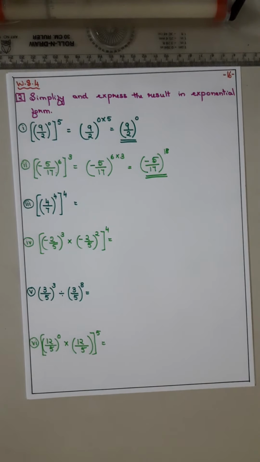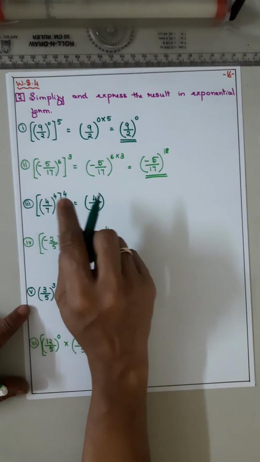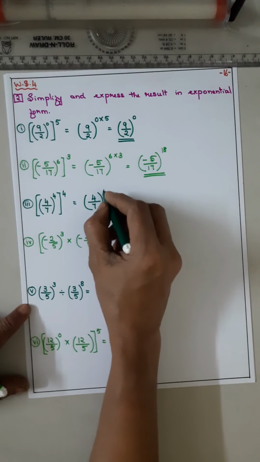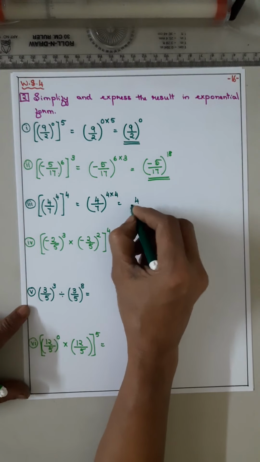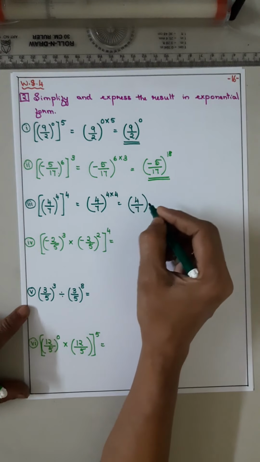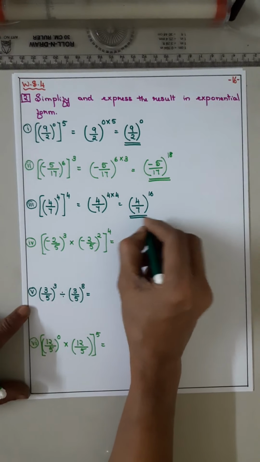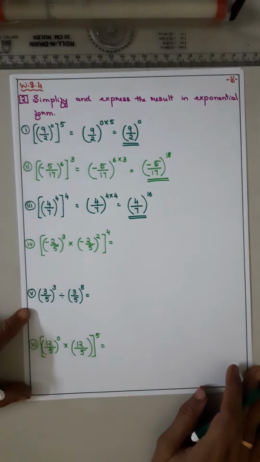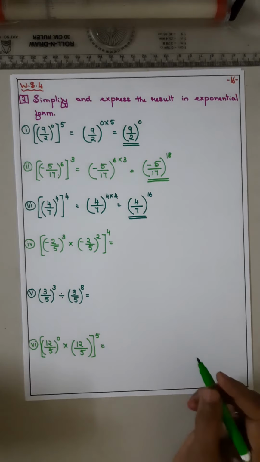Now the third subdivision, 4 by 7, the whole raised to 4, again raised to 4, means 4 4s. 4 by 7, the whole raised to 4 4s are 16. Hope everyone is understanding. When the bracket is there on the powers, then we have to multiply.